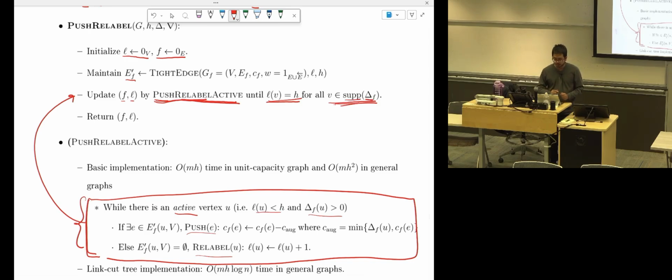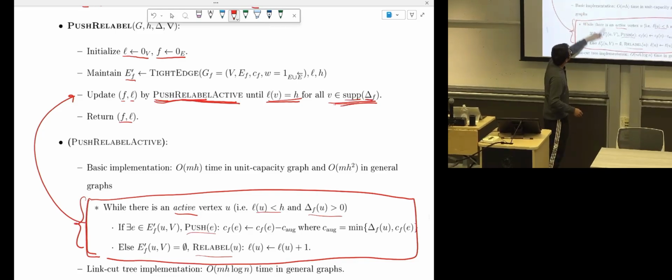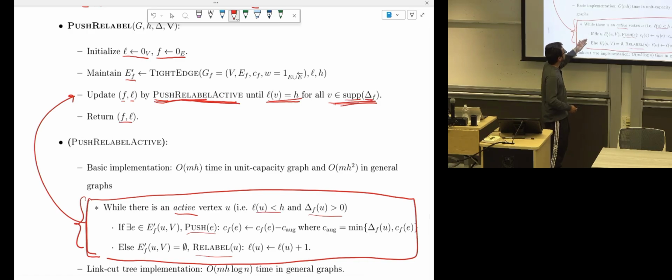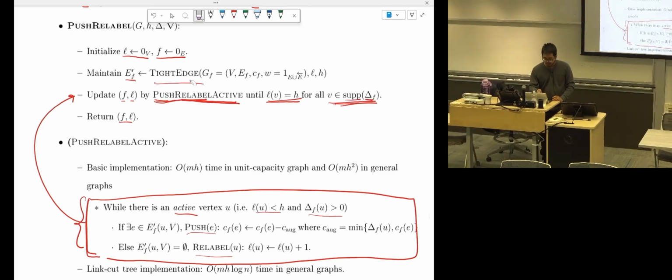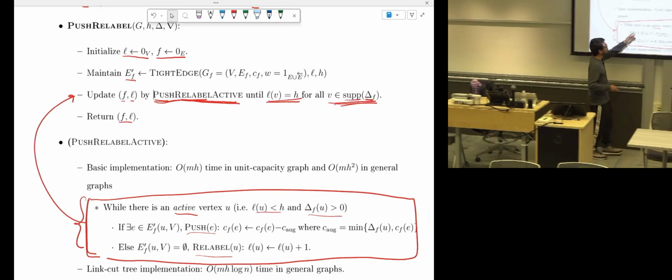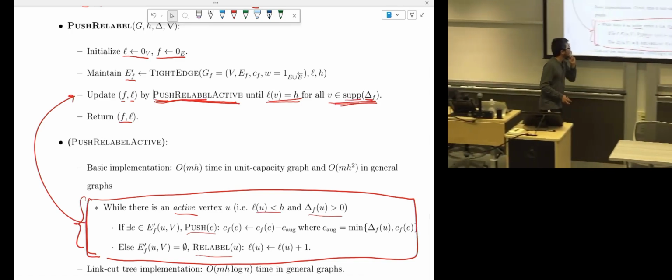And then we just return F and L. This push relabel active loop, we'll see that we can implement it in mh time total, including the time to maintain the tight edges. It takes mh time in unit capacity graph and mh² in general graph.